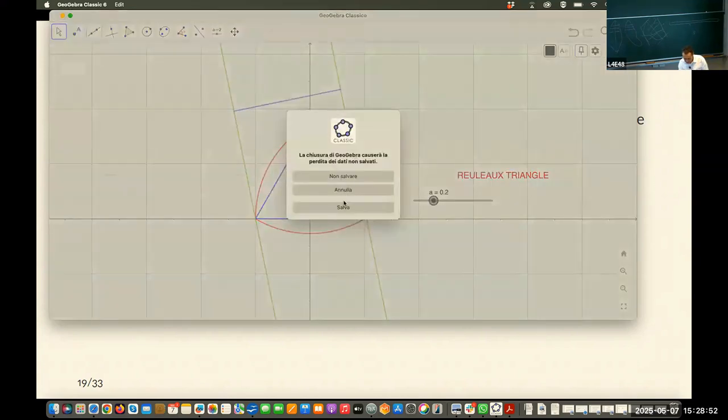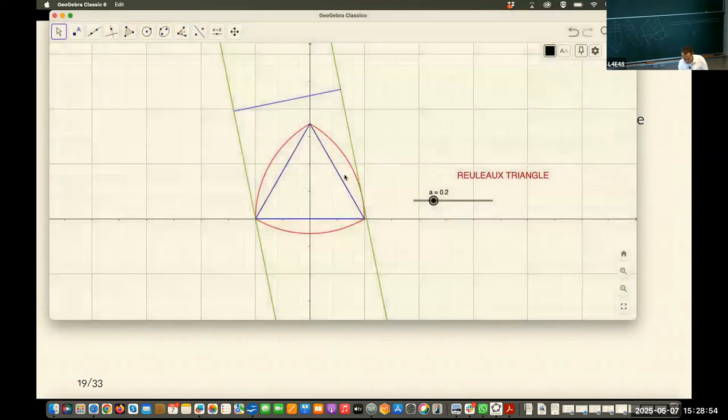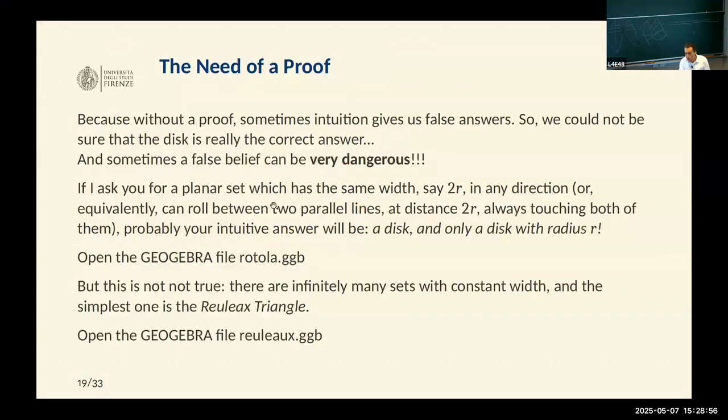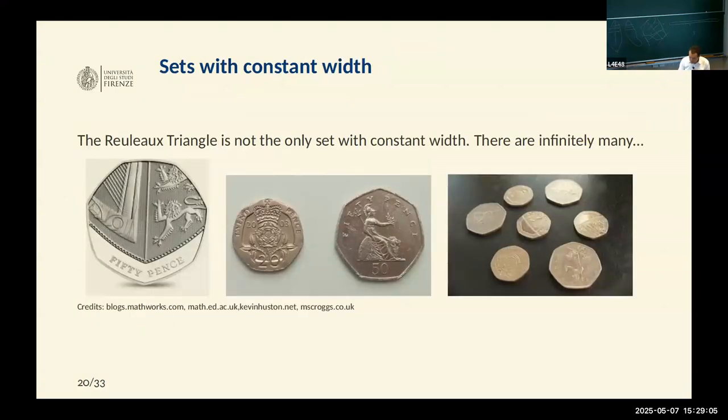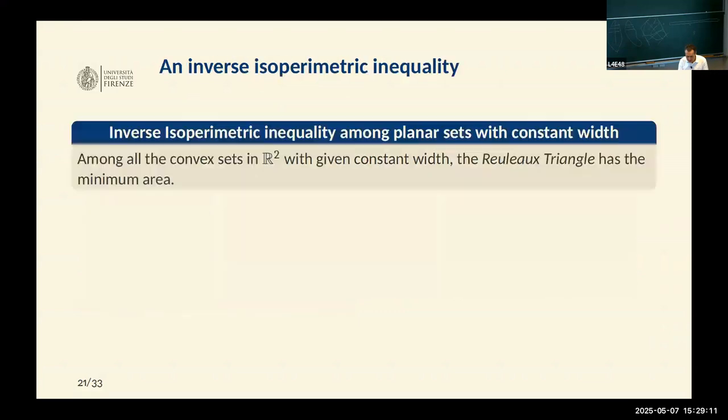And it is not the only set apart from the circle which has constant width. There are infinitely many. Some are used in machines, and you can save some metal. As I told you before, in the plane the area can go to 0 while the perimeter goes to infinity.